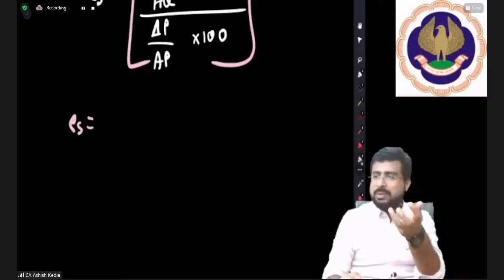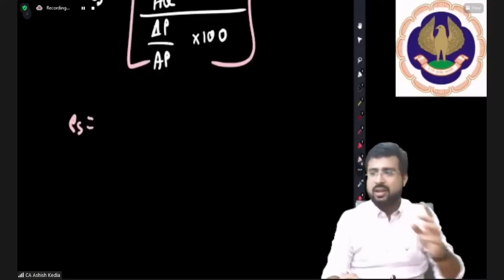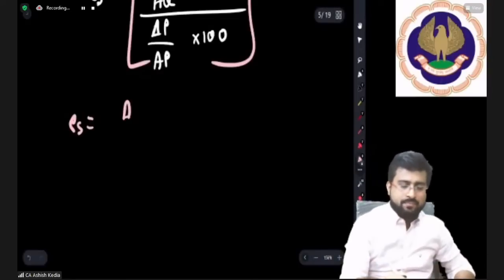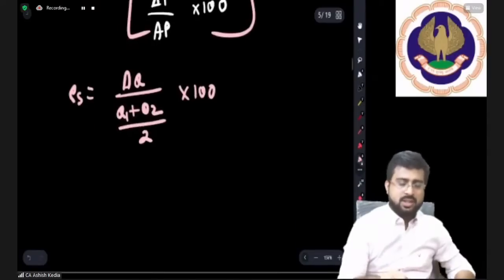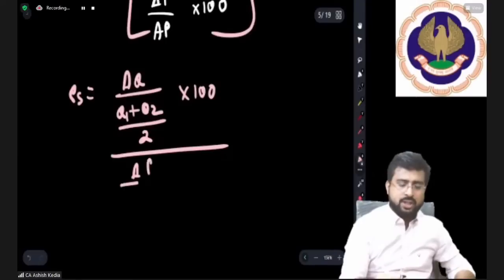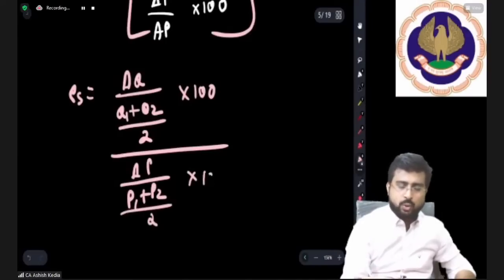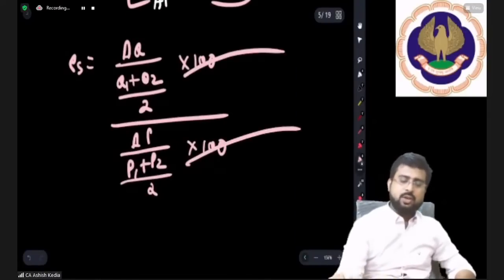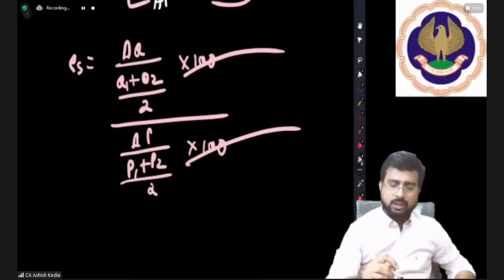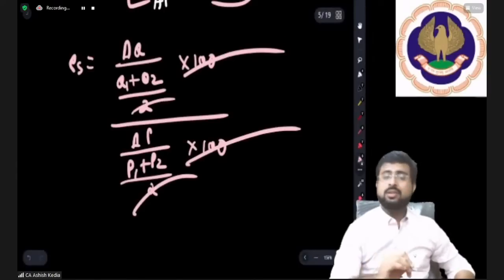Change in quantity by average quantity into 100 by change in price by average price into 100. Correct, friends? My dear friends, I'll tell you some magic. 100 gone. Yes, sir, we do agree. 2 gone.